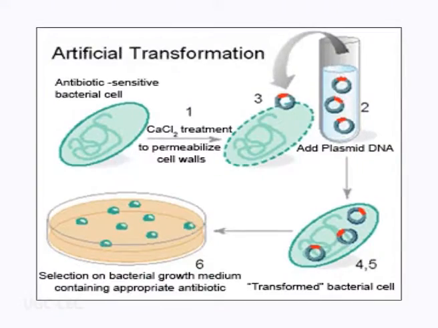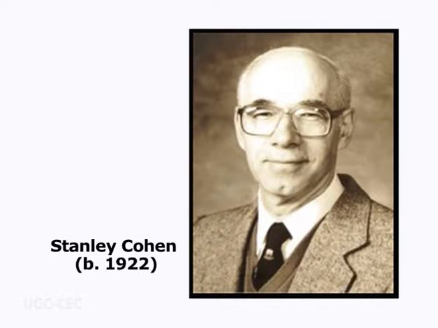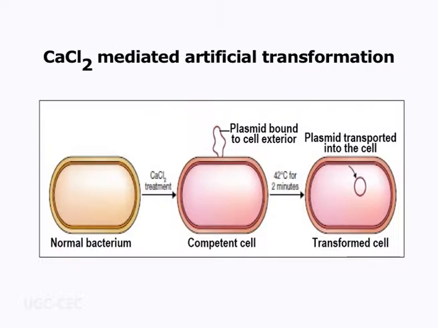Number one is by treating the cells with calcium chloride. This methodology was first established by the scientist Stanley Cohen in the year 1973, where he said that if the cells are grown to an exponential growth phase and their growth is stopped there, and these cells are treated with calcium chloride, and these calcium chloride treated cells are mixed with plasmid DNA and heat shock is given, followed by chilling on ice and a recovery phase, it leads to introduction of the foreign plasmid DNA inside the bacterial cell.